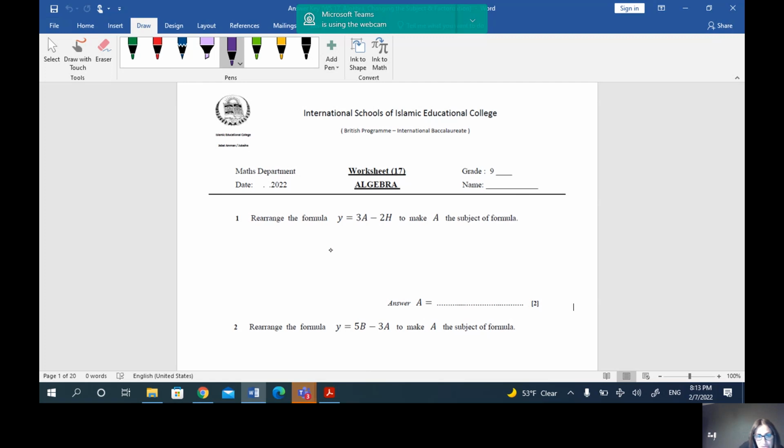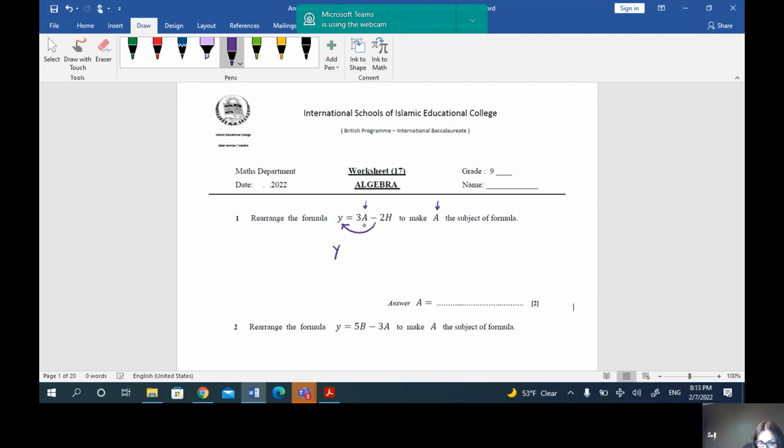Rearrange the formula. This is the given formula, and they would like us to make A the subject. So we are isolating A. Accordingly, we're going to transfer minus 2h to the other side of the formula. So we start with y.